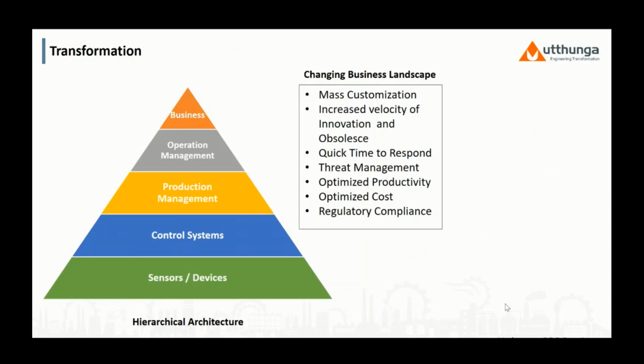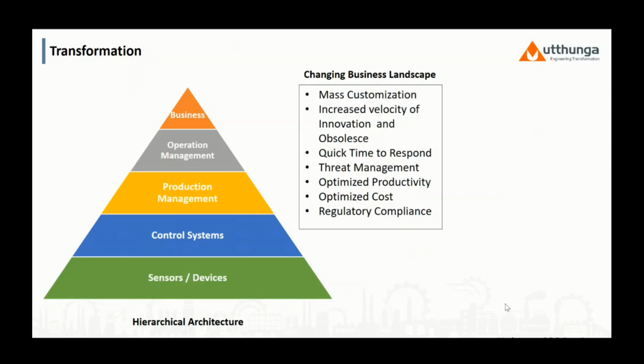Productivity has to be optimized, and equally the cost has to be optimized. And on top of all this, the regulatory compliances have to be met. The plant architecture has a very big role to play in any company to transform and respond to the new challenges.